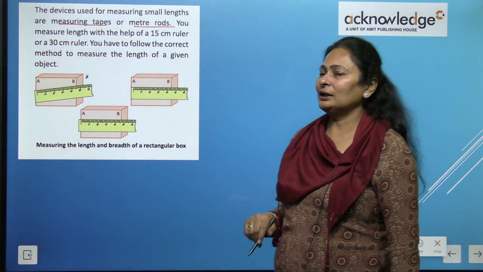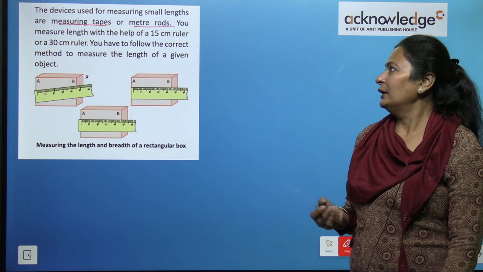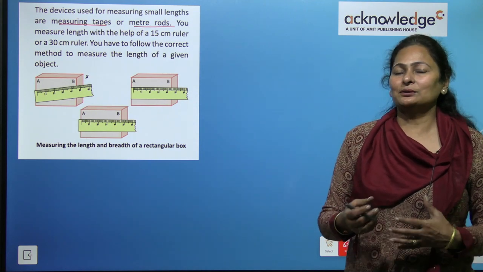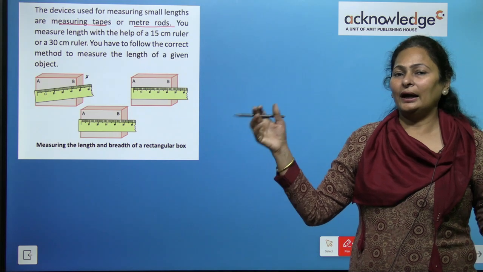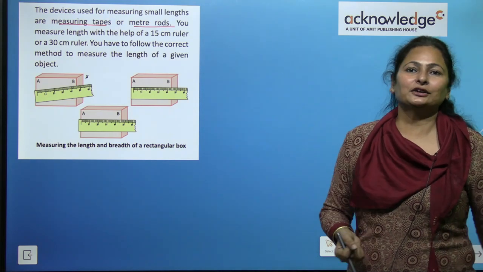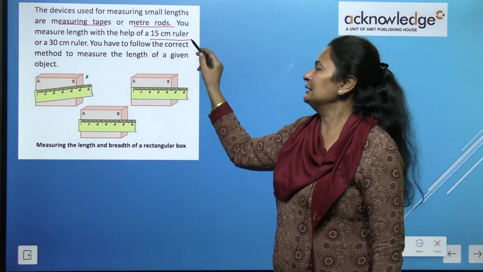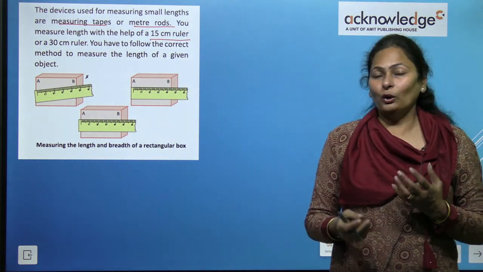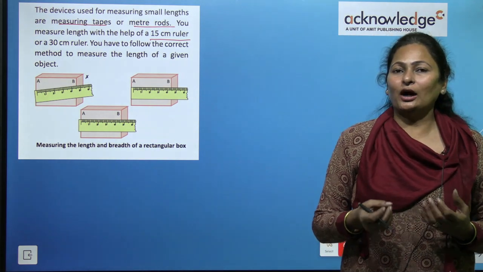It is measuring tape. Measuring tape is being used by the tailors, right? And the meter rods again to measure the length of a cloth and to check the height of things. You measure length with the help of a 15 centimeter ruler. We also use the ruler in our schools, right? So how do we measure?